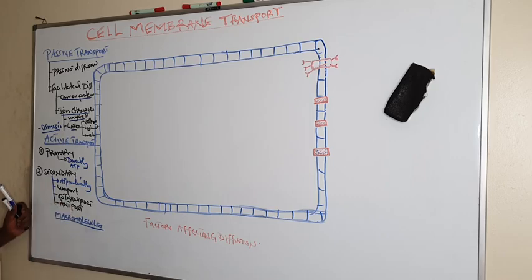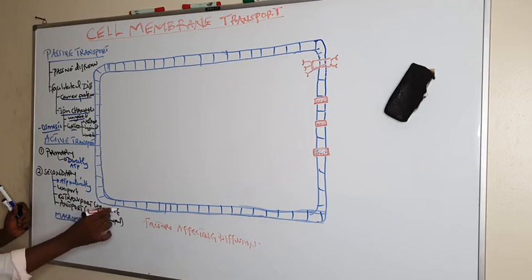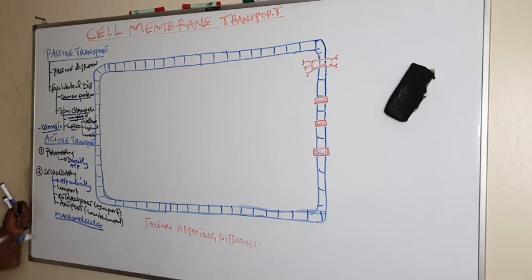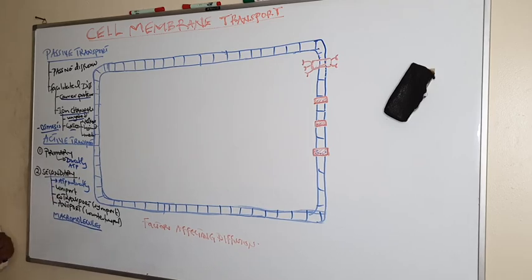You can call antiport counter transport, and co-transport you can call symport. So these are the categories of secondary active transport.